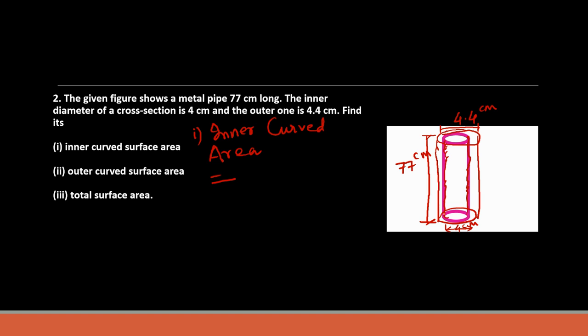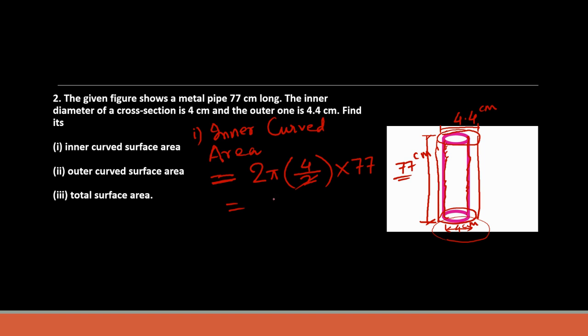You see, the radius of the inner cross section is 2 centimeter, right? It's given the diameter is 4 centimeters, so the radius will be 2 centimeter. So we know 2 pi r times h is curved surface area, and for the inner curved surface area the radius will be 2 centimeter. So 2 pi, diameter is 4 by 2, that is 2, times height is 77.